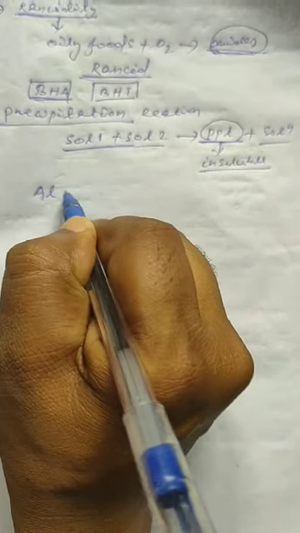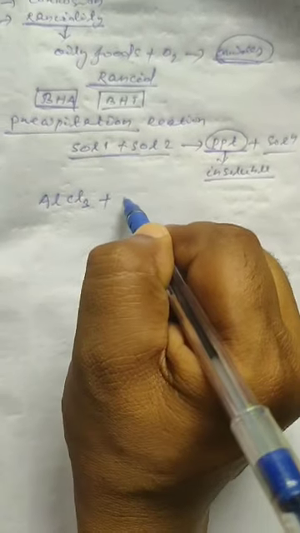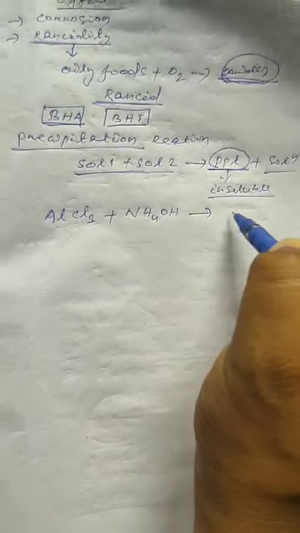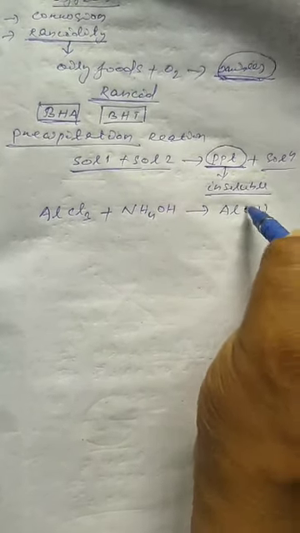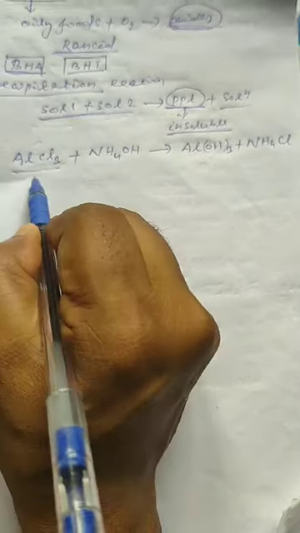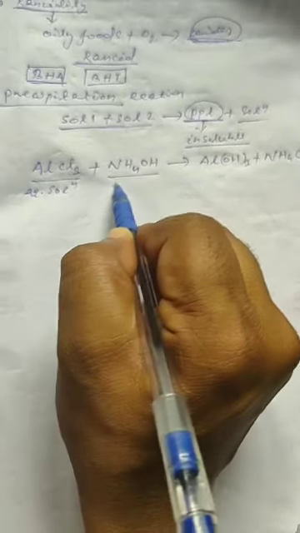One example of a precipitation reaction I am telling: aluminum chloride plus ammonium hydroxide gives aluminum hydroxide plus ammonium chloride. Here it is not balanced, no need, I will first make you understand. See, this aluminum chloride is an aqueous solution. This is also an aqueous solution, and it is a double displacement reaction.